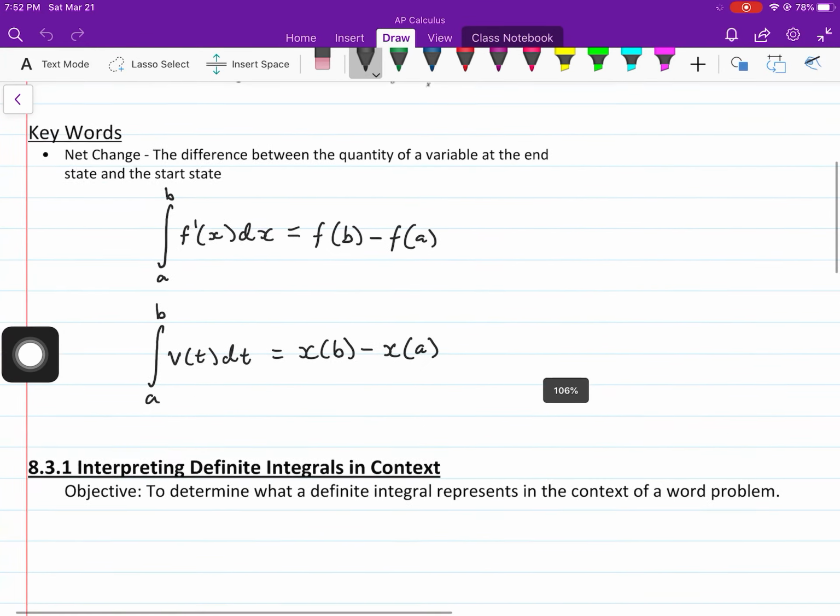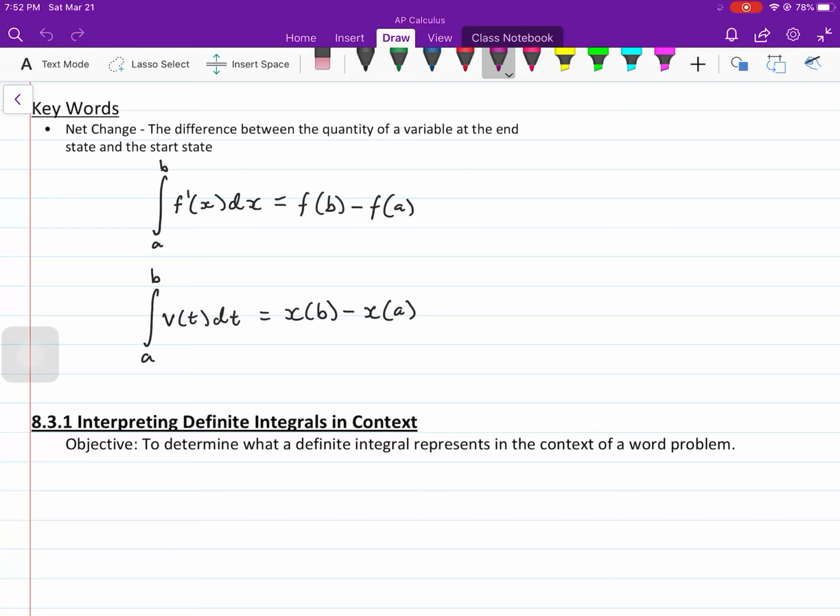There is something I want to talk about, and that is that this would be the end value, and this right here is the start value. And you have to interpret what the question is about. So this first assignment, 8.3.1, interpreting definite integrals in context, is really distinguishing the difference of what we're talking about here.